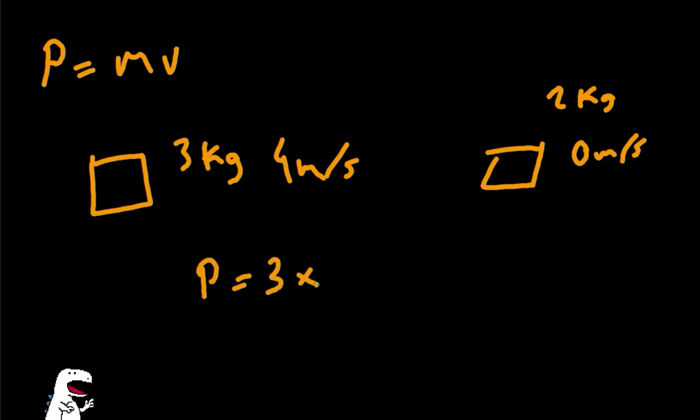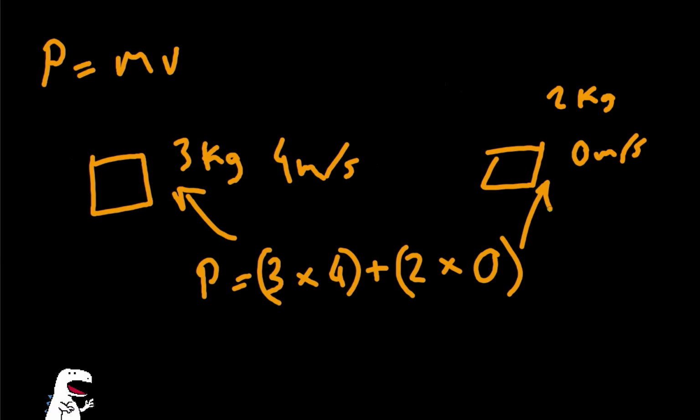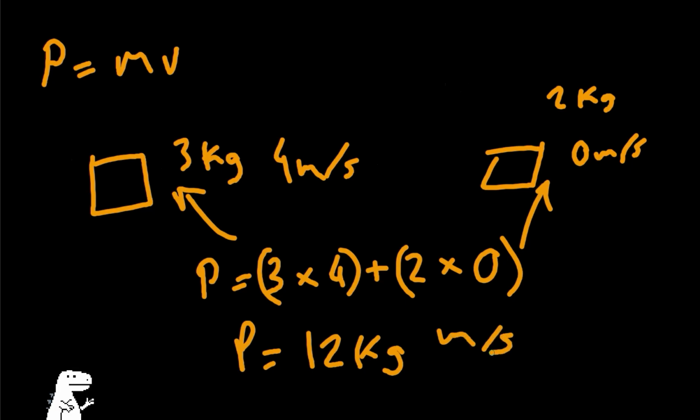This will just be P is equal to 3 times 4 plus 2 times 0. This being this cart's momentum, this one being this cart's momentum. If you were to calculate this, this will just add up to 12 kilogram meters per second.